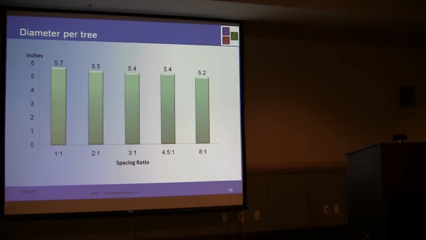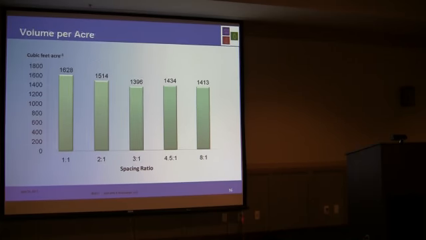Diameter: statistically there's no difference. These trees were 9 years old when they were measured. No difference there between the different spacings. And then volume: there's no statistical difference in volume at age 9. And that's cubic feet per acre.